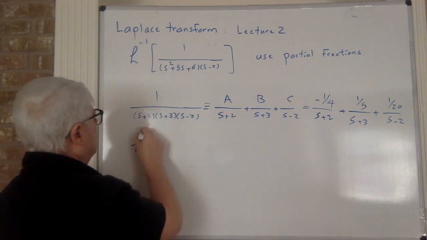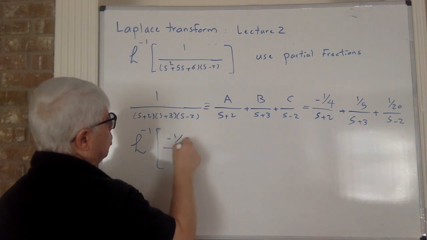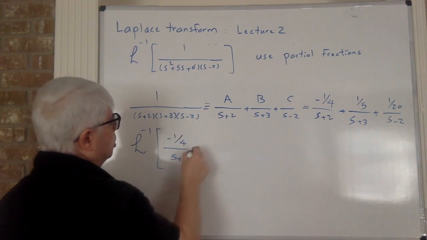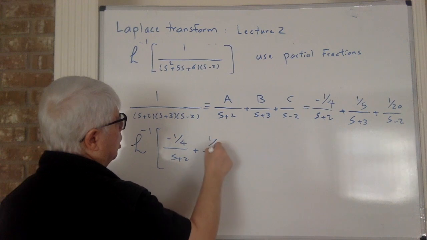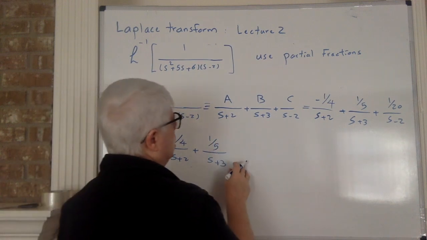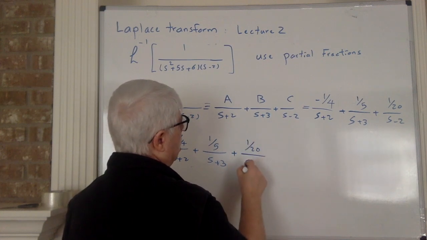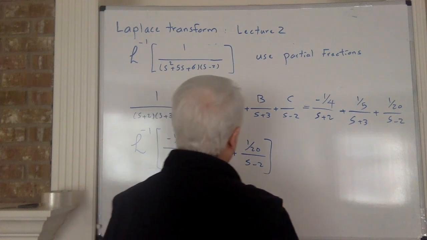So, Laplace inverse transform of minus 1 over 4 times (s plus 2), plus 1 over 5 times (s plus 3), plus 1 over 20 times (s minus 2). Remember, the inverse Laplace transform is also linear, so it can be applied to each one of them separately.